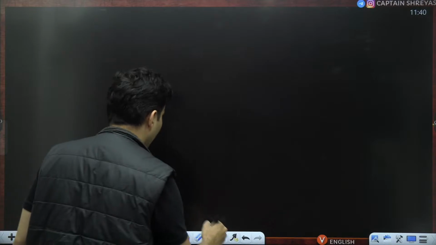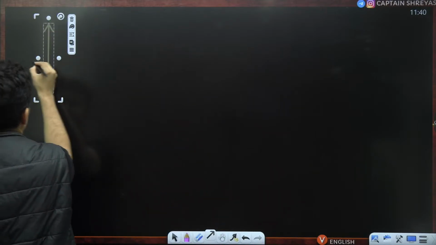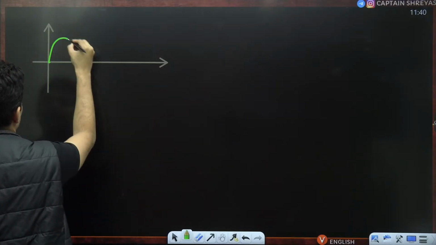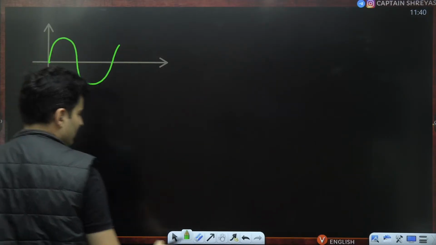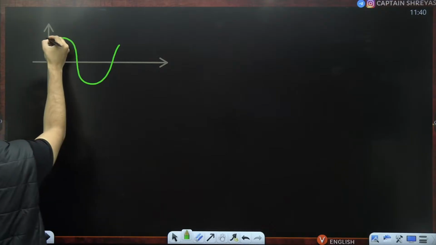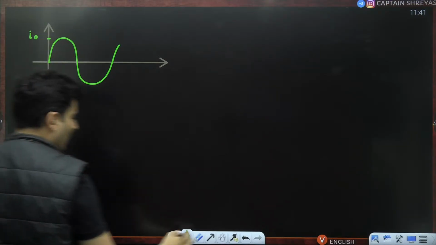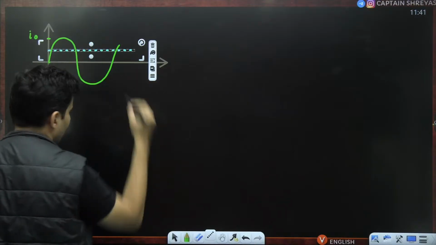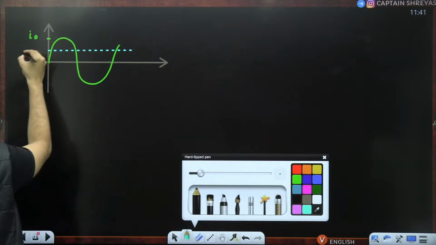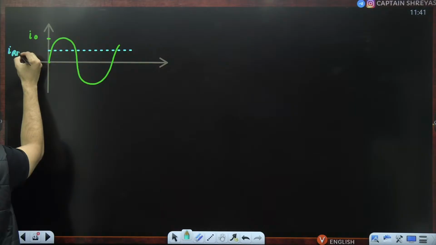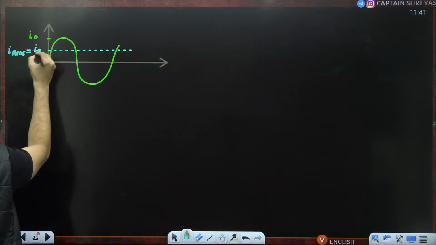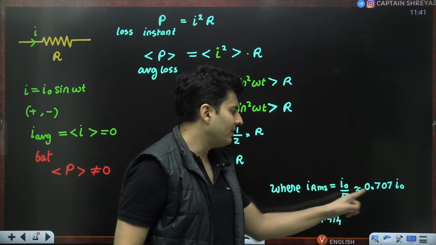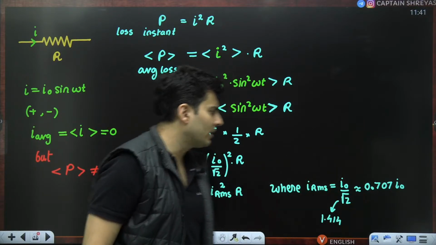Observe this carefully, guys. What do I mean by that? Imagine our current was changing like this, and the maximum value was I naught. What I have now is an imaginary constant current whose value is IRMS, which is I naught by root 2, almost 70%. 0.7 is 70% of I naught.